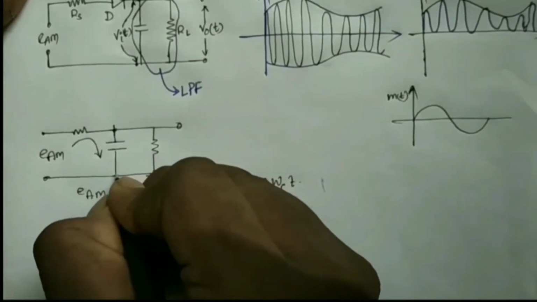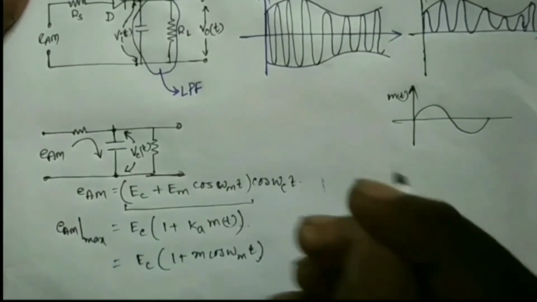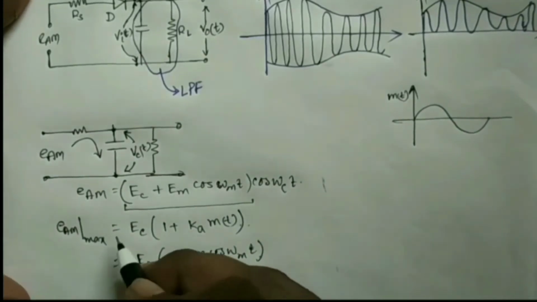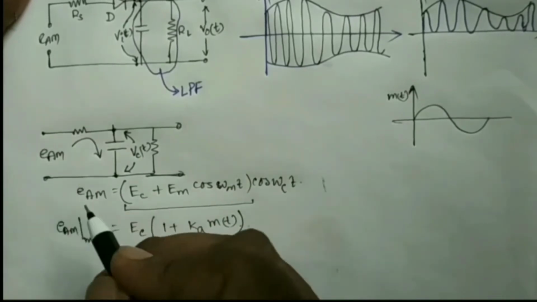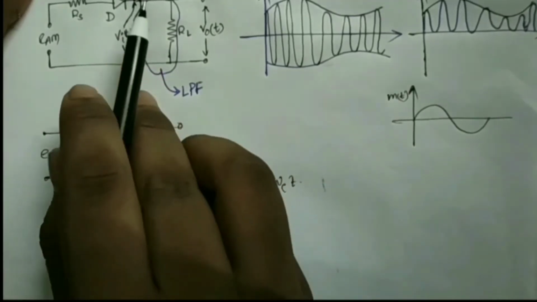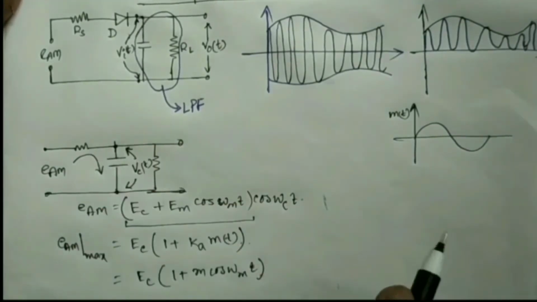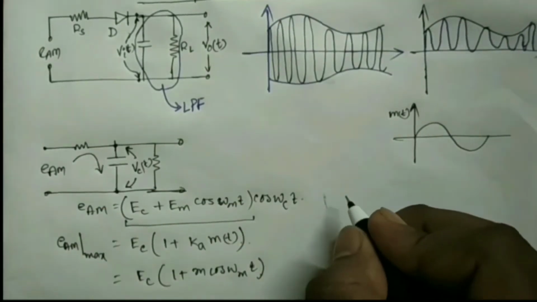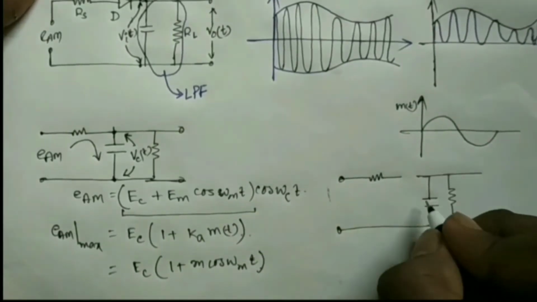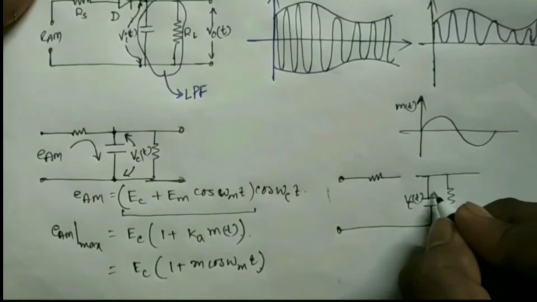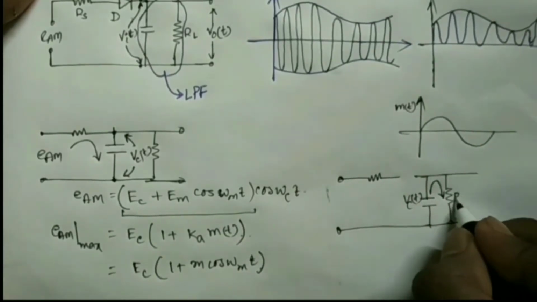Suppose the voltage across the capacitor is VCT. At some point the VCT will be greater than this applied signal EAM, and for that case the diode will be in reverse bias, so it will be replaced by an open circuit, and then the equivalent circuit will look like this. The VCT here will go in this way and will be discharged through the resistance RL.